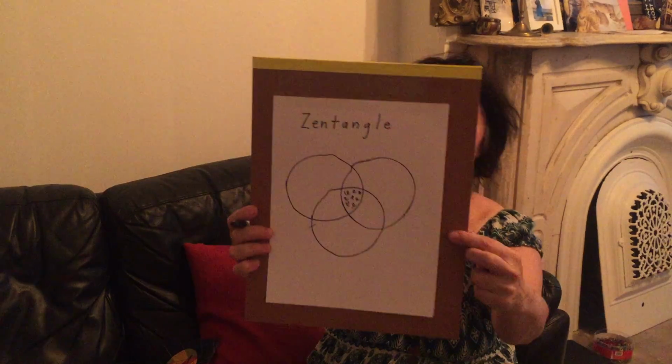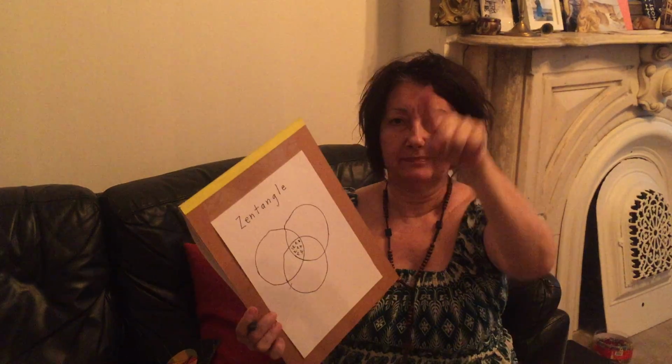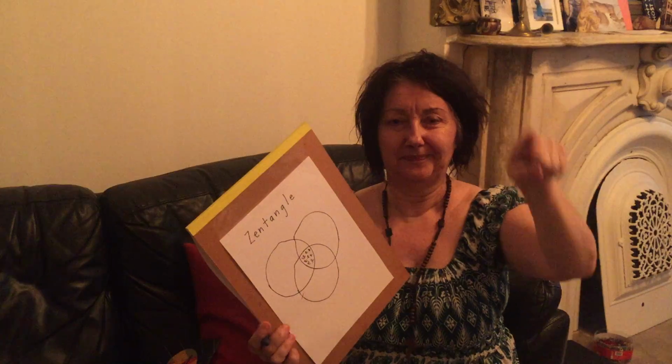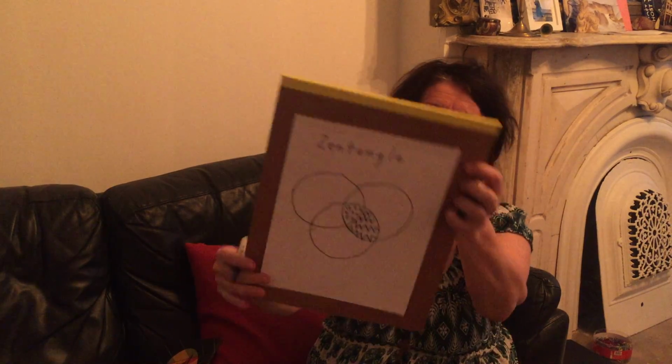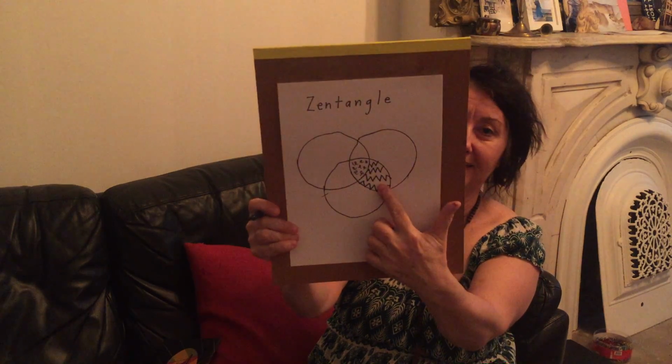What can I put there? How about some of these? What are those? Zigzags. Zigzag. Wow, I like making zigzags. I like the way my hand does that. There we go. Zigzags.